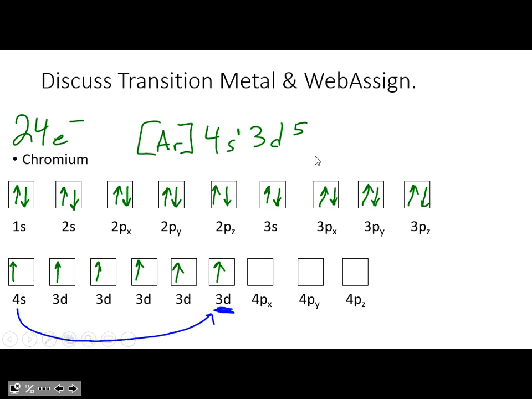And if you find one, raise your hand. Let's see if you're right. Yeah, okay. Gallium? Gallium is not. Gallium's in the P block. Okay? Transitions in the D block.